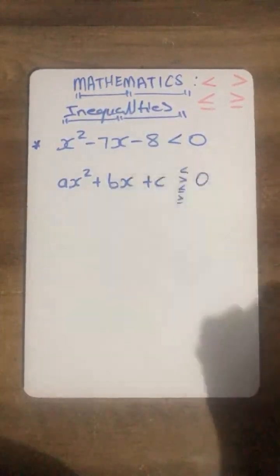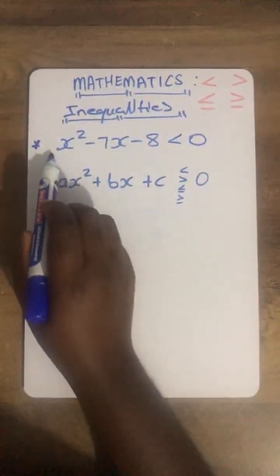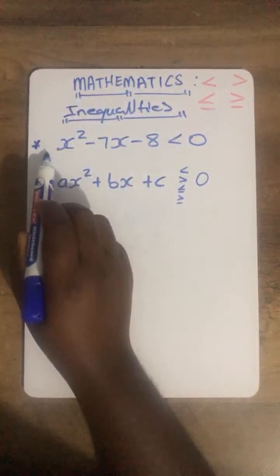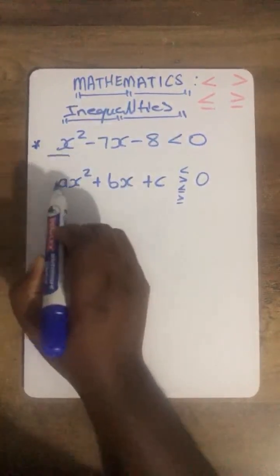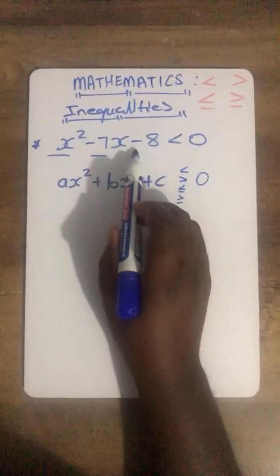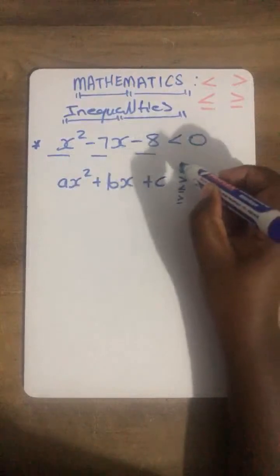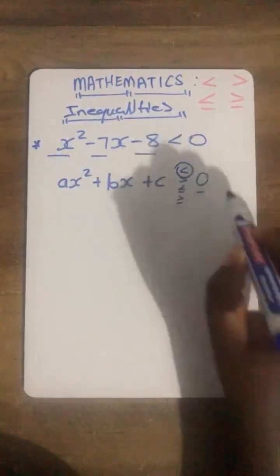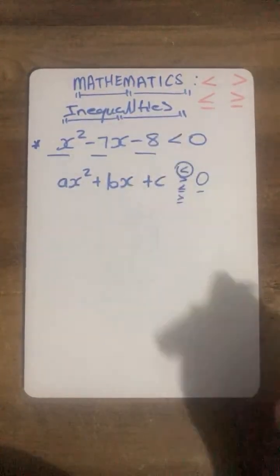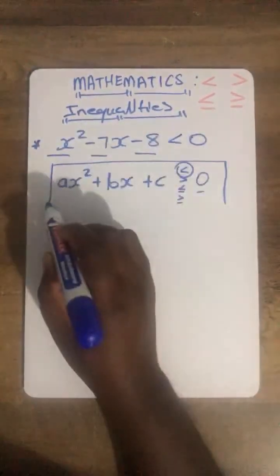On the right, everything must be equated to 0. So can you guys see that one is in the standard form because you have 1x squared, your b in this case is negative 7, your c in this case is negative 8, and then you've got that inequality sign, and then on the right you are having 0. So that means it is now in the standard form.